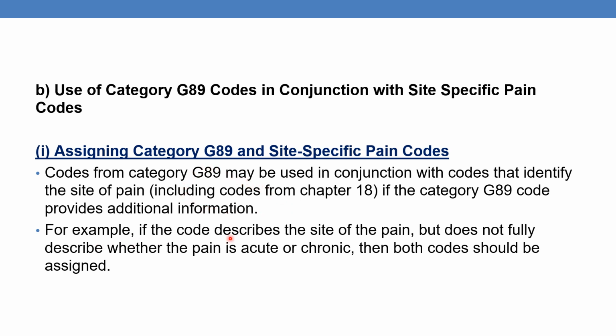Here, for example, if the code describes the site of pain but does not fully describe whether it is acute or chronic, in that case also you can use both codes. One code for the site of the pain and another code to indicate whether it is acute or chronic, provided the documentation is clear whether the pain is acute or chronic.